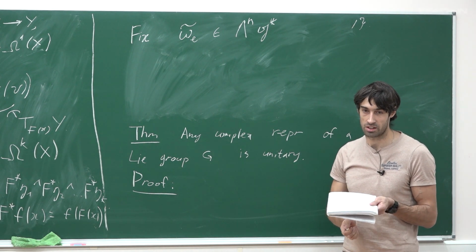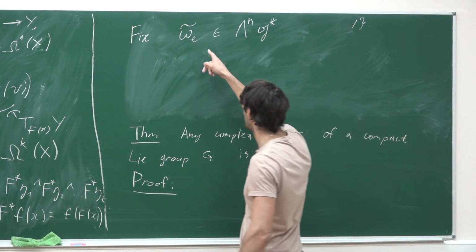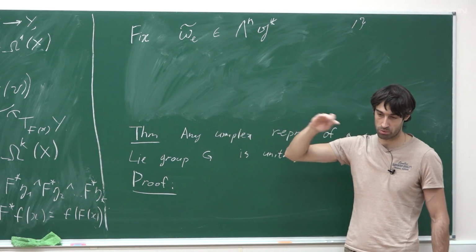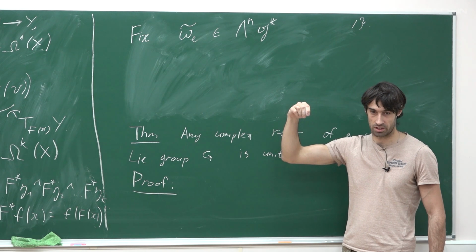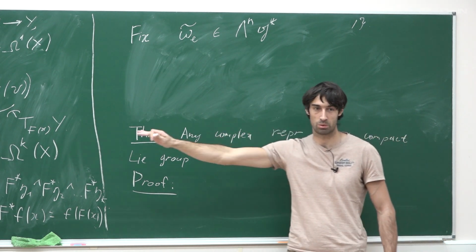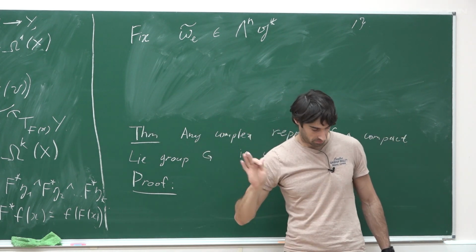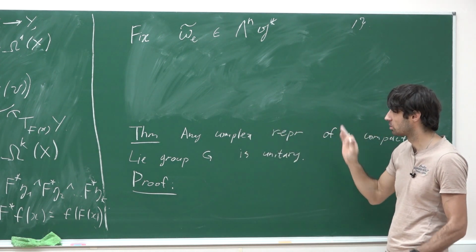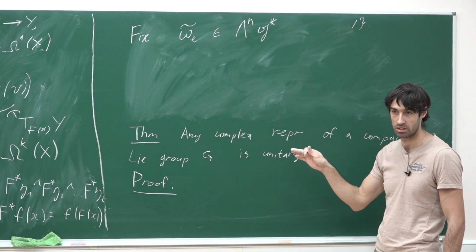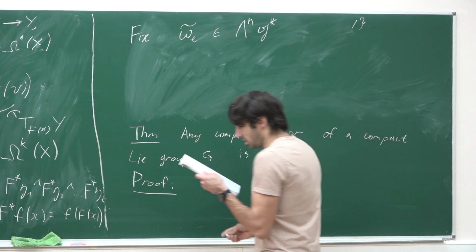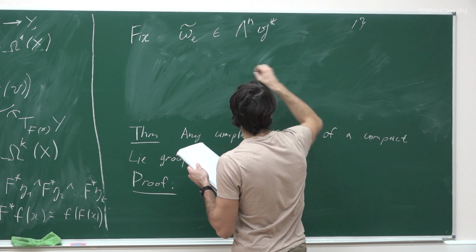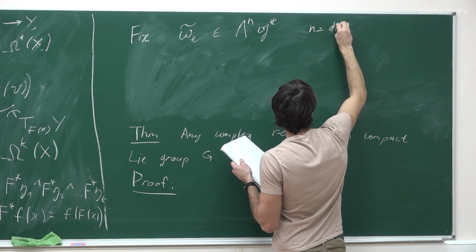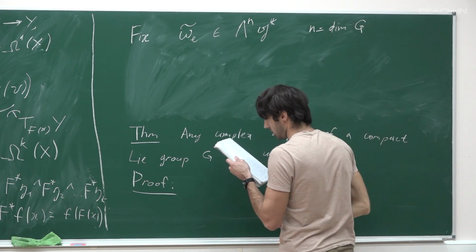So you should think of it as a value of some top form at identity. And then we would like to take this and extend it to the whole group just by left action. Okay, n here is the dimension of G.